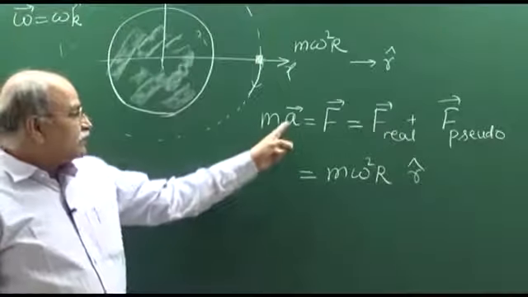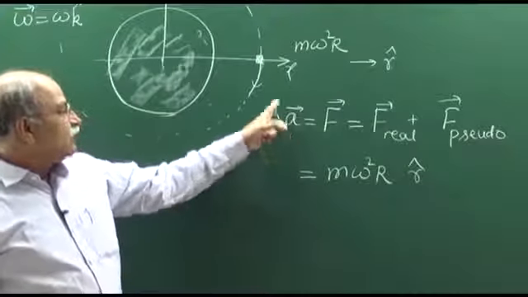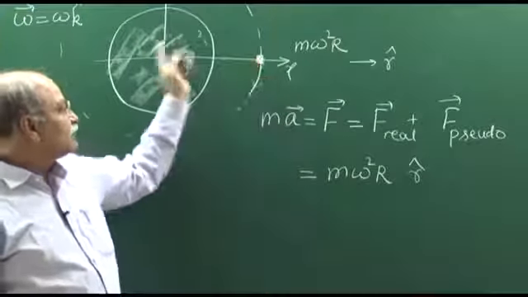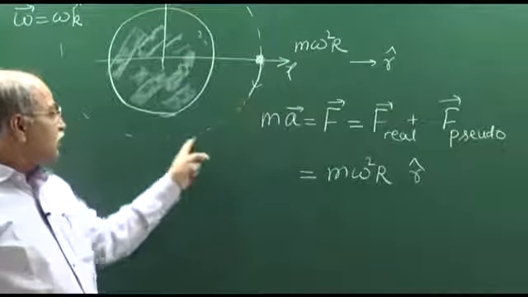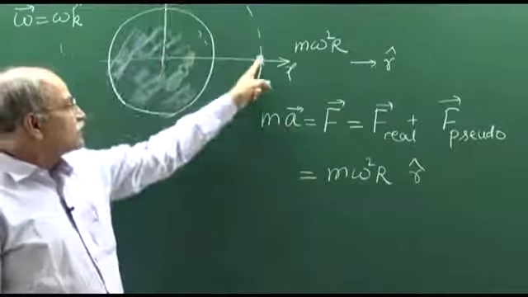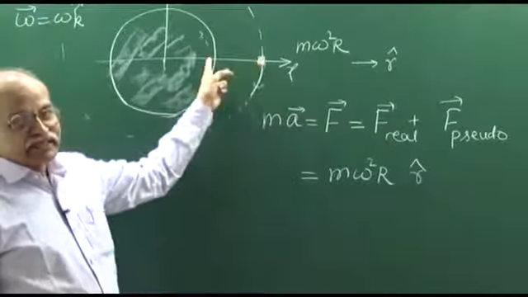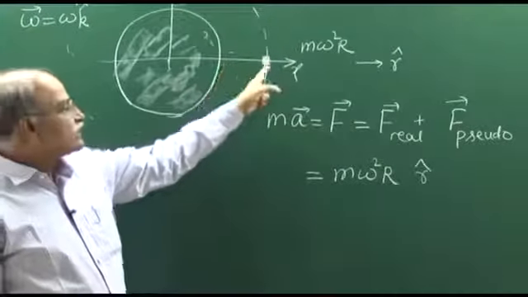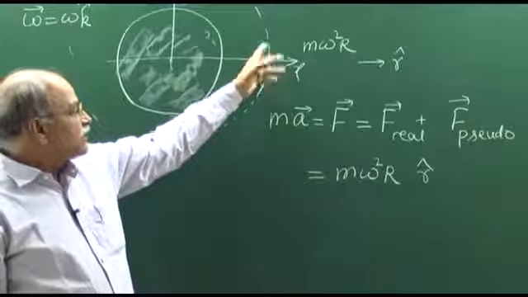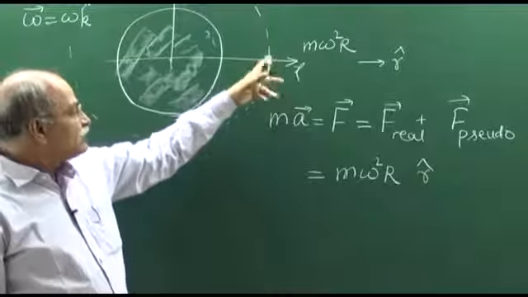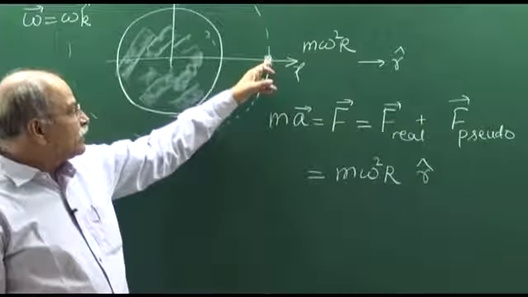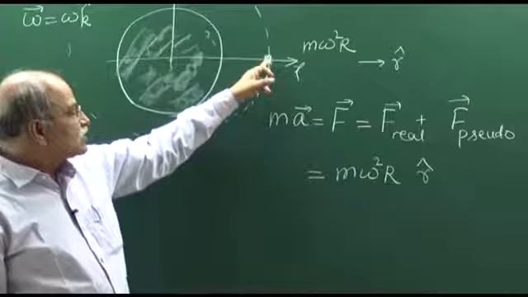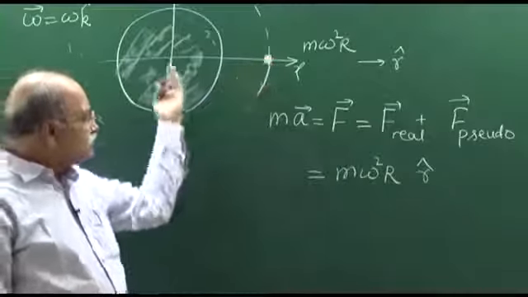But then the acceleration of this particle, as seen from this frame, is that it is going in a circular path and therefore the acceleration has to be towards the center, and the acceleration is v square divided by r, which will be equal to omega square times r, but that will be in this direction.